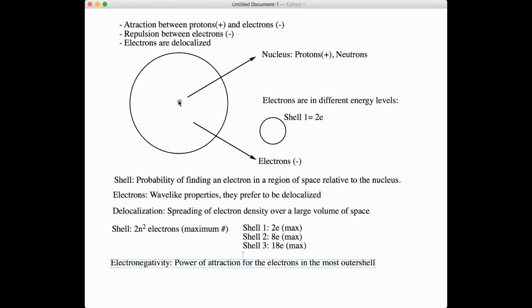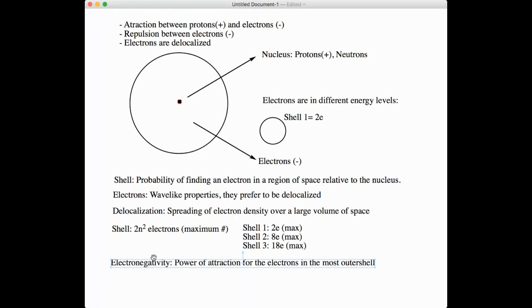So once again, the closer the electrons to the nucleus, the more strongly attracted they will be, because obviously they're closer to the protons, right? And the opposite. So we can define electronegativity as the power of attraction of an atom by its outer shell electrons, of the valence shell. That's what you also should know from Gen Chem.